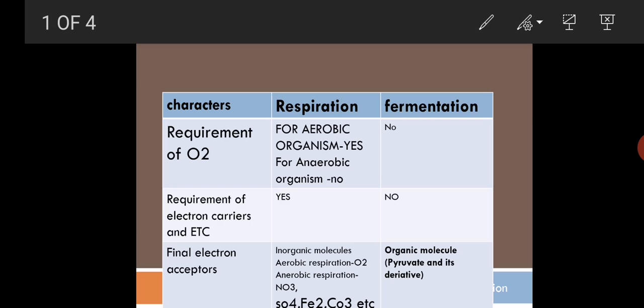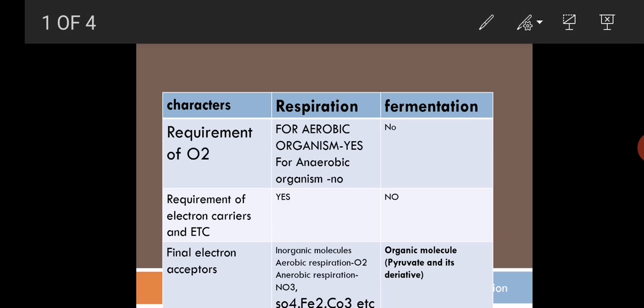The first point is the requirement of oxygen. We know that respiration in microorganisms may be aerobic as well as anaerobic. Aerobic in the sense the organism requires oxygen for respiration. Those organisms are called aerobic organisms, or the respiration is said to be aerobic type of respiration.